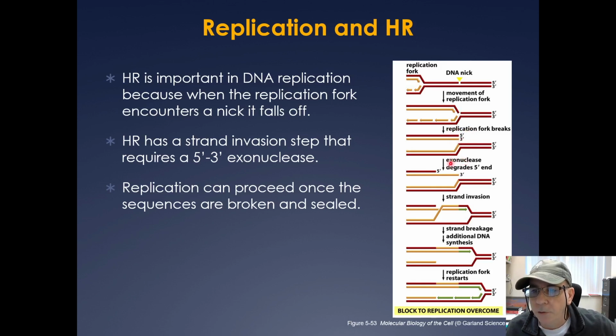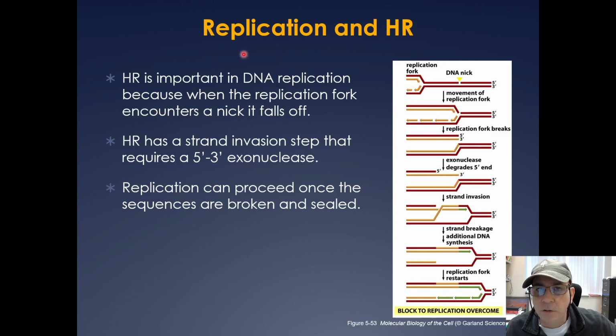An endonuclease can come in and degrade the 5' end of the DNA. This creates a 3' overhang that can now undergo a strand invasion of the old strand. Then synthesis can start to proceed, and there's a strand breakage and religation, and everything can proceed, and then the replication fork can start again, and the Okazaki fragments on the lagging strand can be created, and all this back stitching can occur.